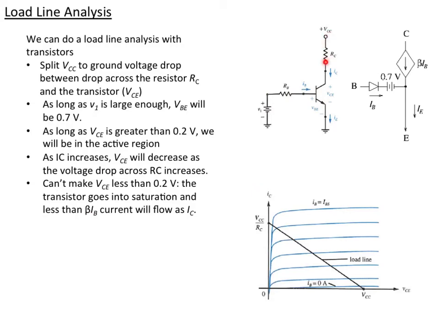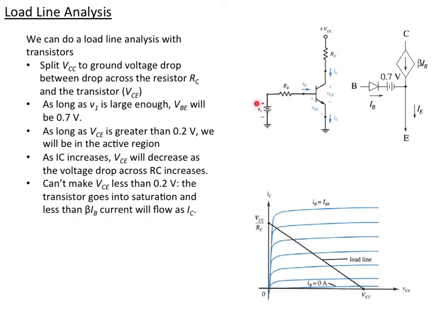That current will make there be a voltage drop between the voltage supply and the collector itself. And so as long as this voltage is big enough, then we're going to be in the active region. And as long as this current is small enough, this voltage will be high, above the cutoff region and we'll be in the active region.